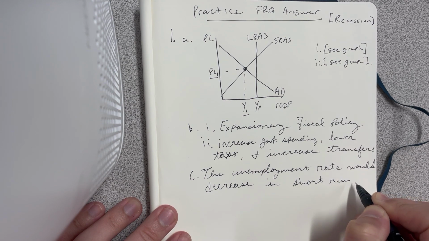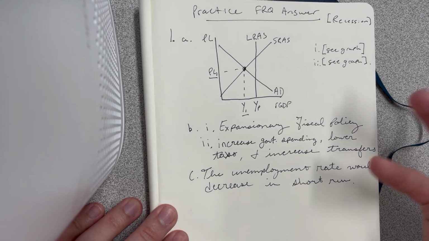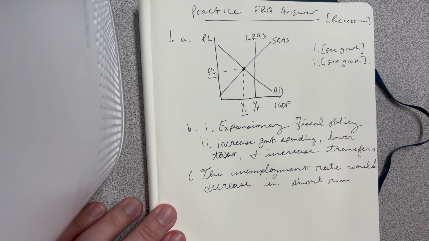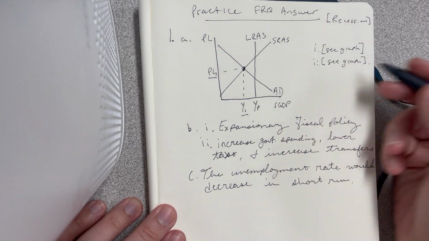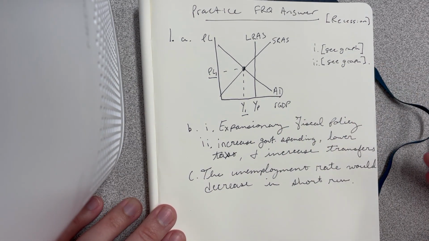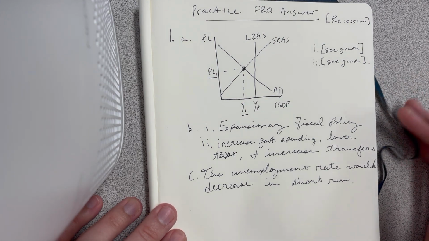All right, because the government, if they're increasing spending, that money goes into the economy. That is going to boost GDP in the short run, increasing aggregate demand and everything else. That's going to lower the unemployment rate. More people are going to get jobs and everything else.